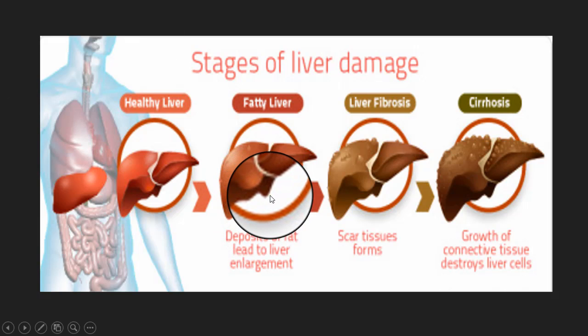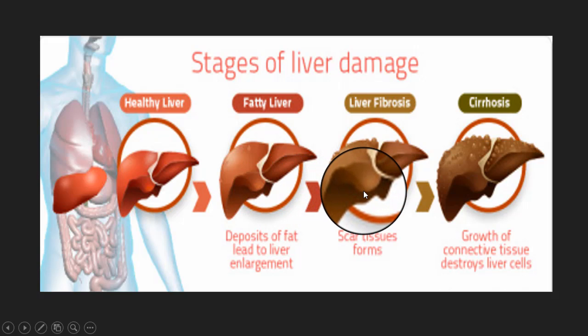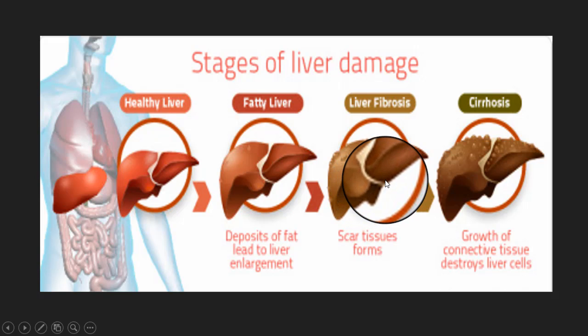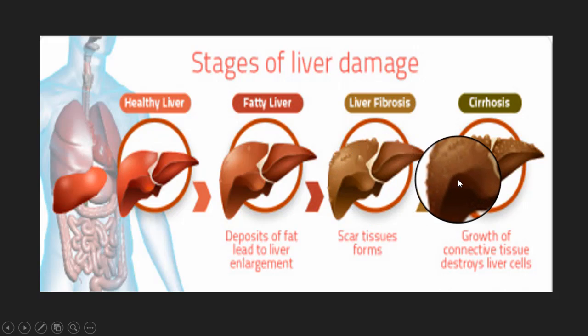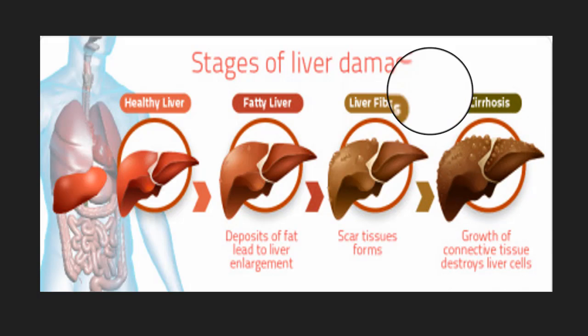In addition to excess fat, there is inflammation in the liver. Then it leads to the third stage, that is fibrosis. Fibrosis means inflammation in the liver has caused scarring. And whenever scarring and inflammation plus excess fat occur in the liver, it leads to cirrhosis of the liver, which is an advanced pathology and a very dangerous disease.